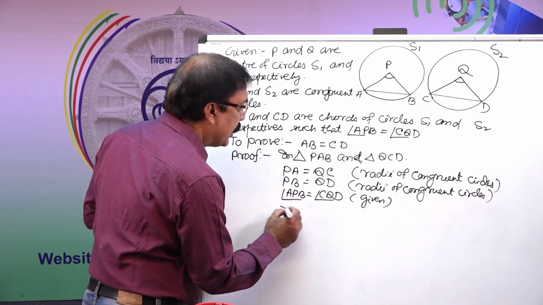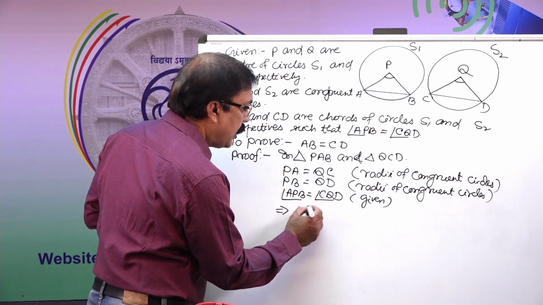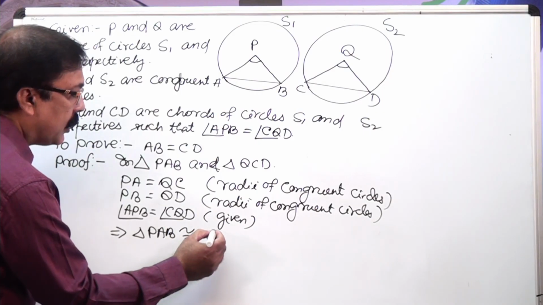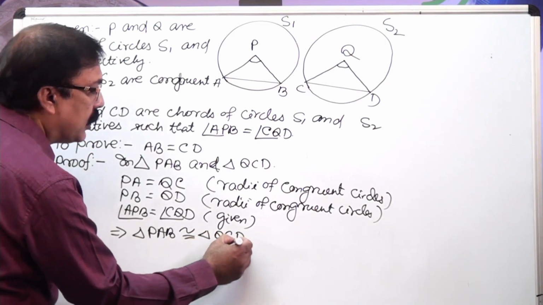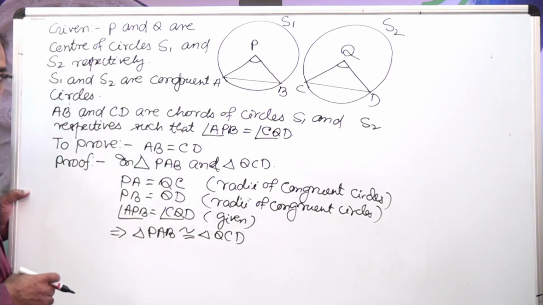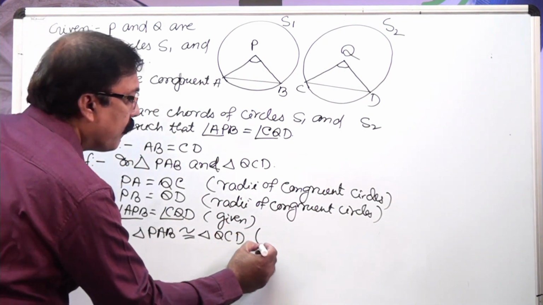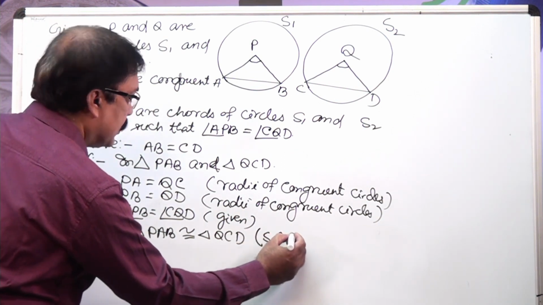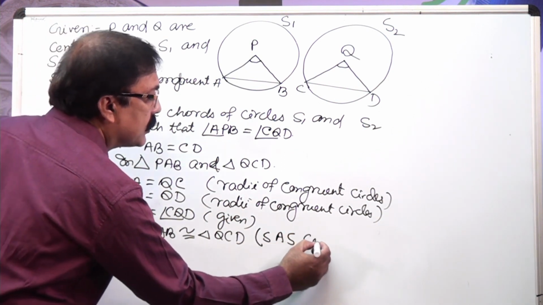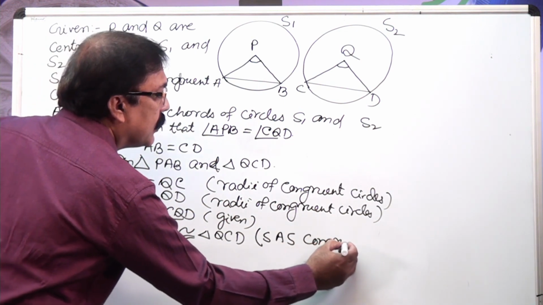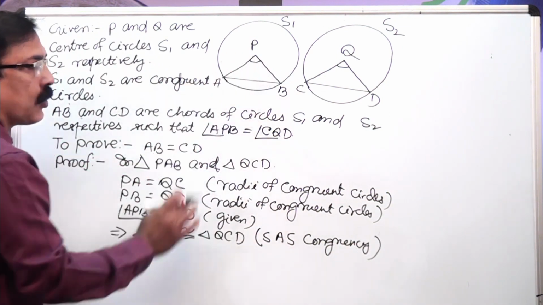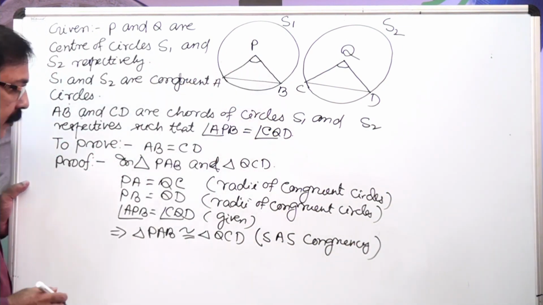So this implies triangle PAB is congruent to triangle QCD. Why? By side angle side congruency, two sides and their included angle are given.